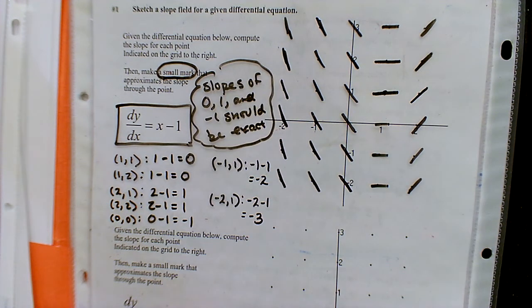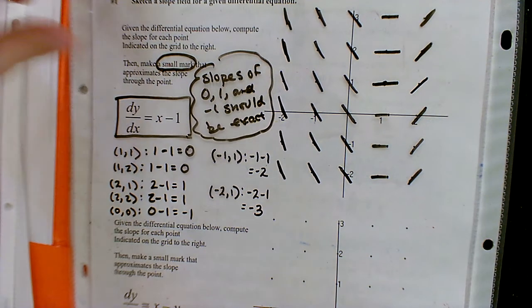But again, the 0, 1, and negative 1 are all of the exact ones. Everything else is just kind of in reference to those. Does that make sense? We completed our first slope field. What do you think? Not too bad? We're plugging in points and we're drawing lines. That's basically the whole idea.